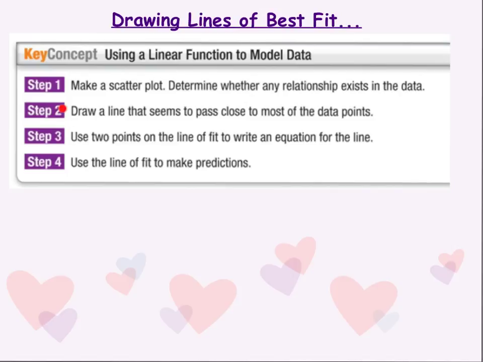Step 2, you're going to draw a line that seems to pass close to most of the data points. Again, it's not going to go through all of them. It's going to kind of cut them in half. Then step 3, and this is the part where you'll start to see the person sitting next to you might not have the exact same answer as you guys.